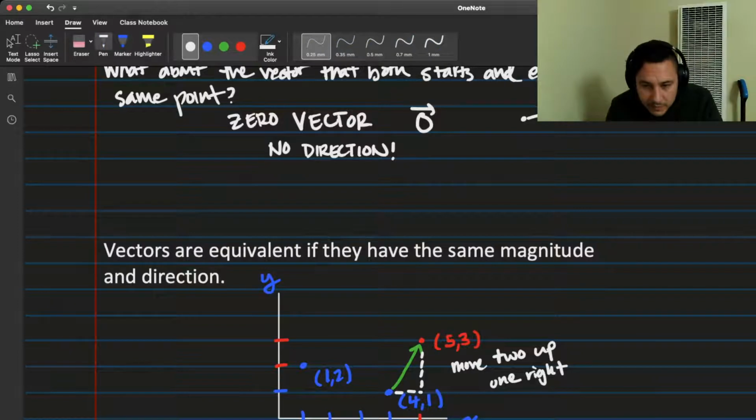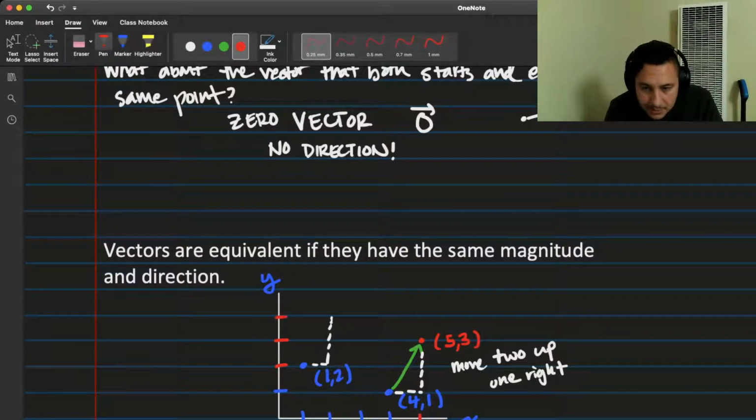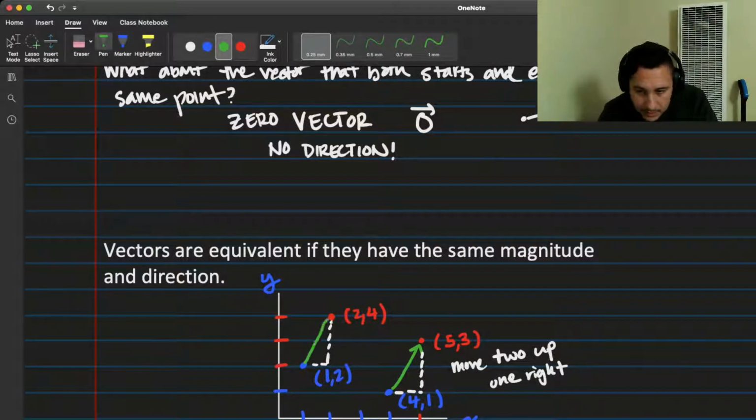Again, we will move 1 to the right and 2 up, which will place us at the point (2, 4). And let's draw in the vector.